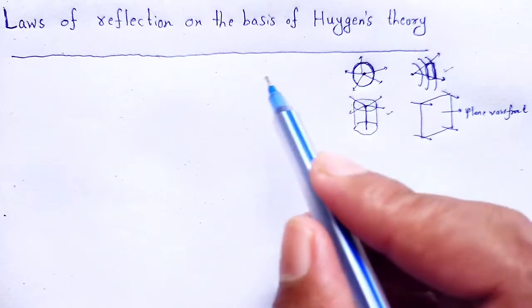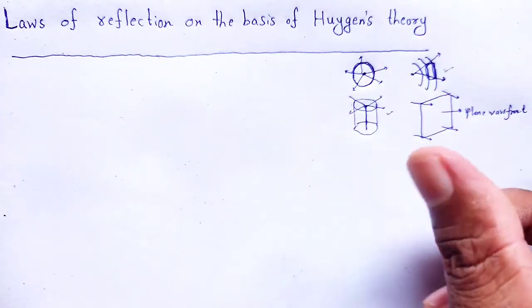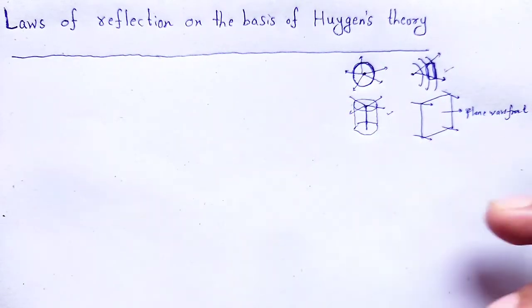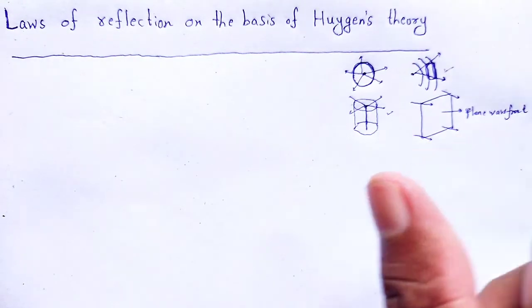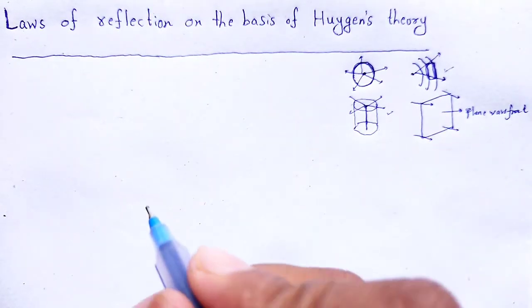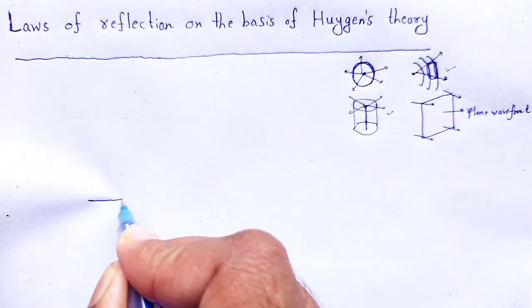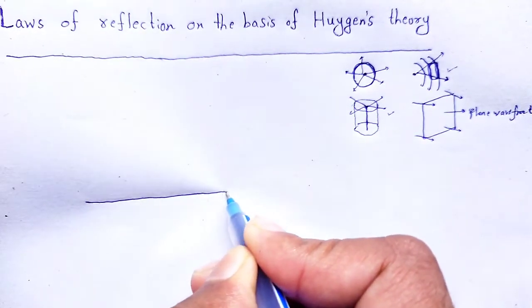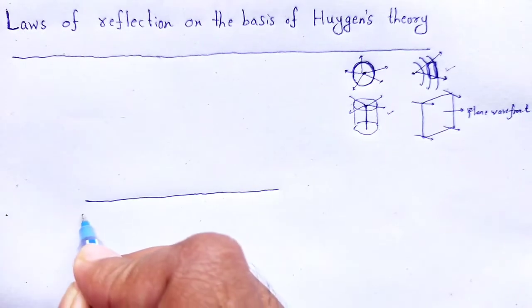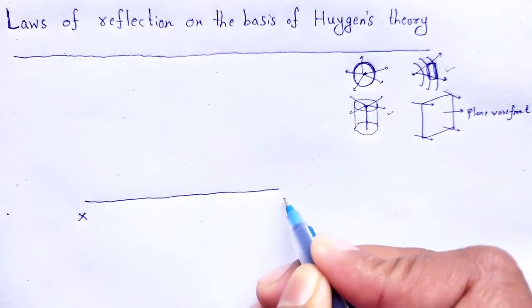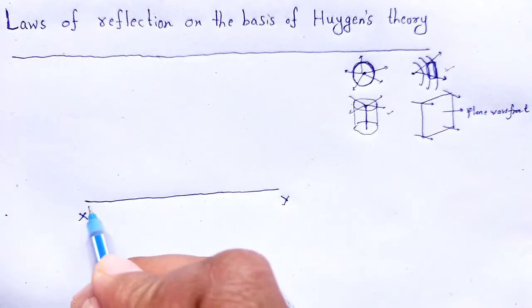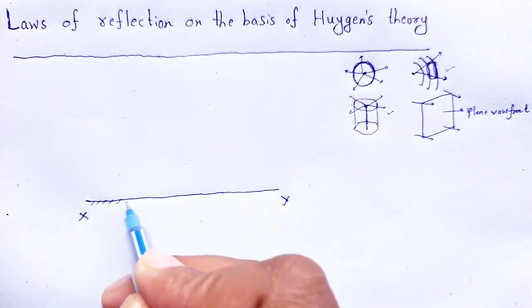To prove reflection on the basis of Huygens theory, let us take that plane wavefront. Here X, Y is the reflecting surface.